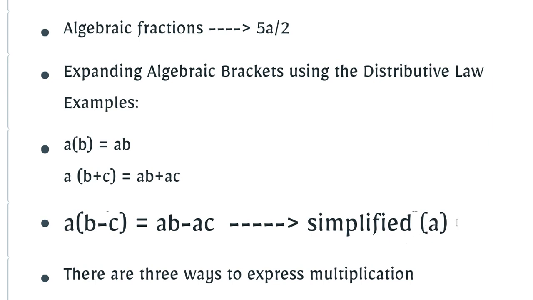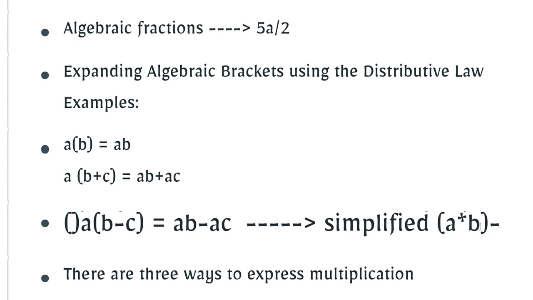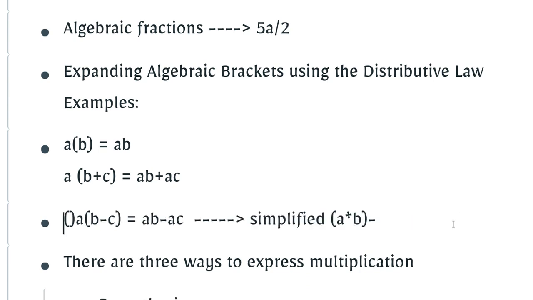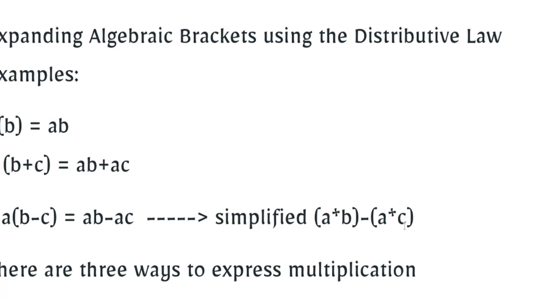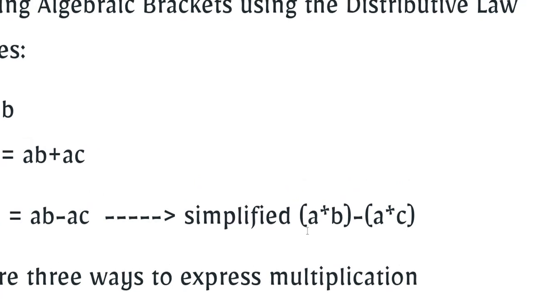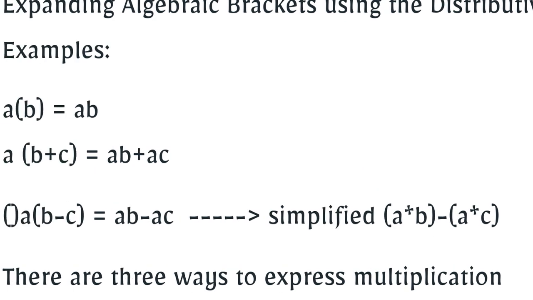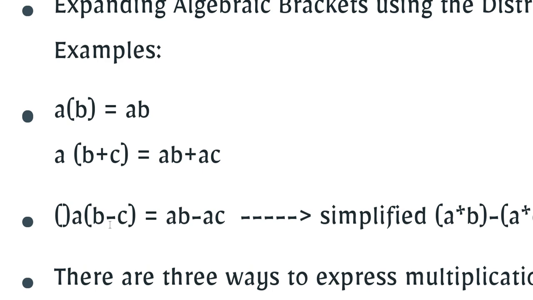We have A times B, all in a bracket, minus, all in a bracket again, A times C. Everybody see that? So if we say A times B, that gives us what again? AB, correct? And if we say A times C, that gives us AC. But due to the fact that we have a minus sign, we just attach that minus sign to AC. And that's how we got AB minus AC.